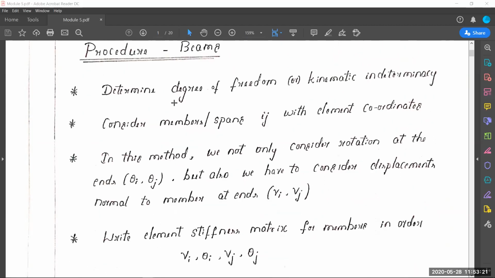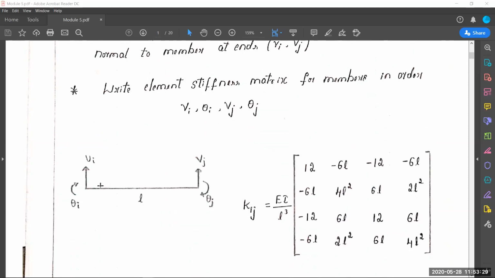So finding the DOF, that is degree of freedom, by members, everything will remain the same. Here the change we are going to observe is the K formula. This is an example for the beam: Vi, Vj, theta i, theta j are given here.